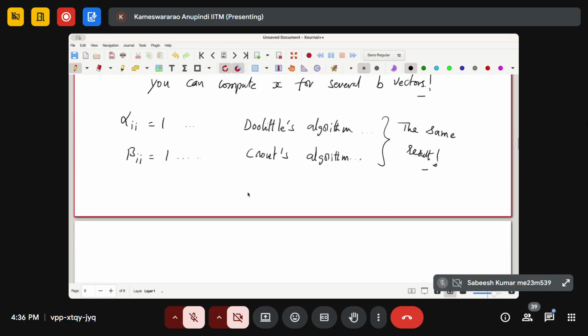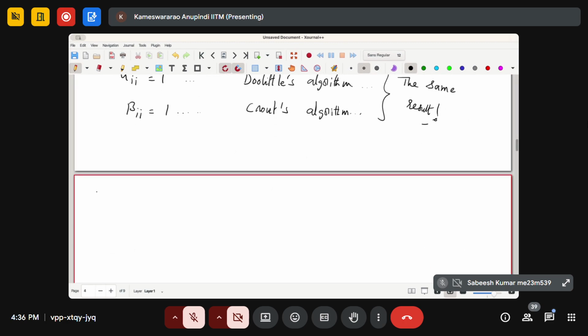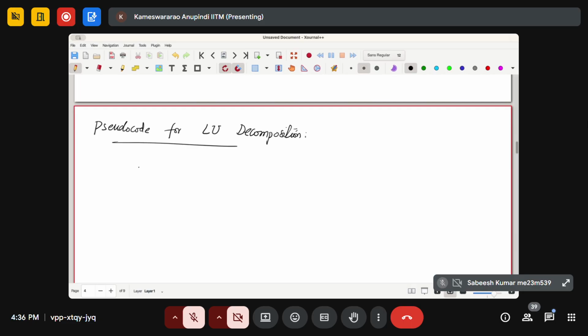Okay, if there are no questions, let's go on to write a pseudocode for LU decomposition. So essentially, I'm now looping over the j value. So do j equals 1 to n.